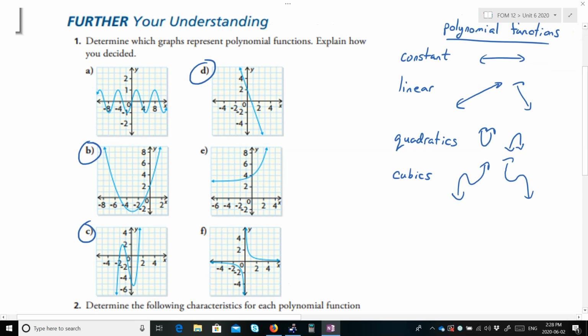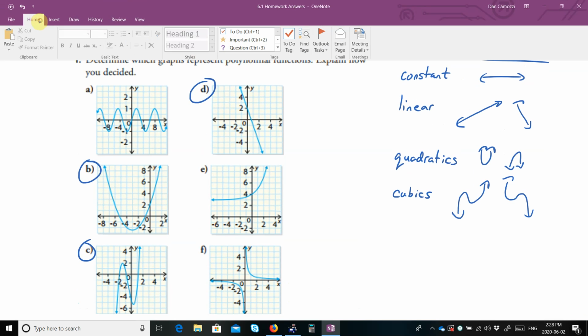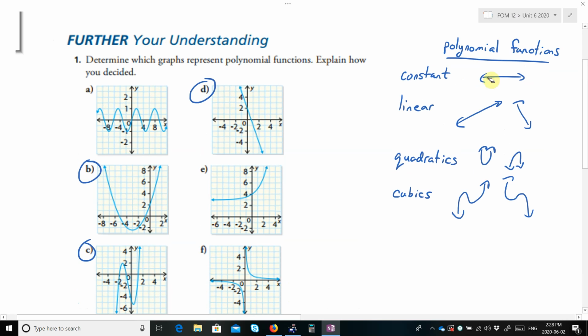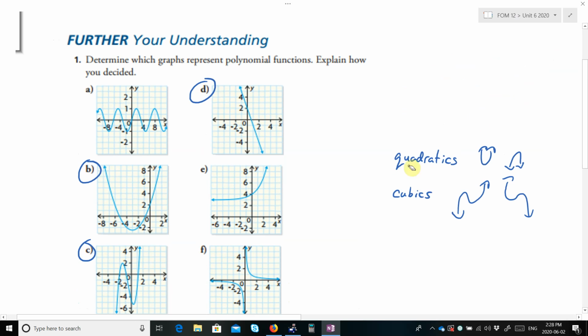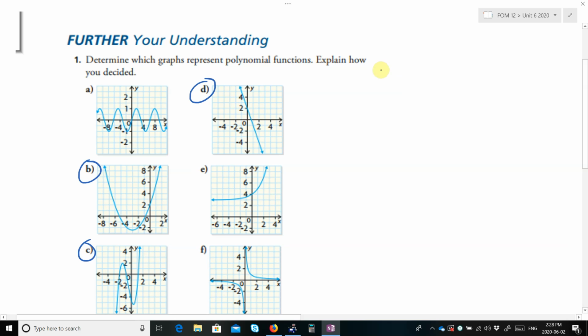Maybe we could do it like this. I am going to erase this. Okay, and we'll do it like this, guys.